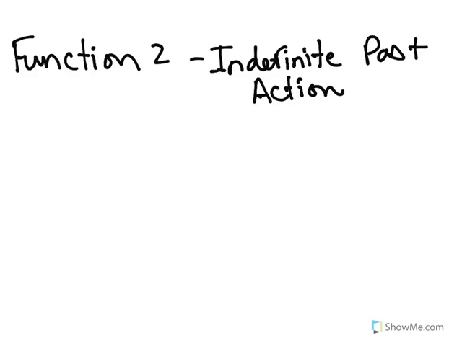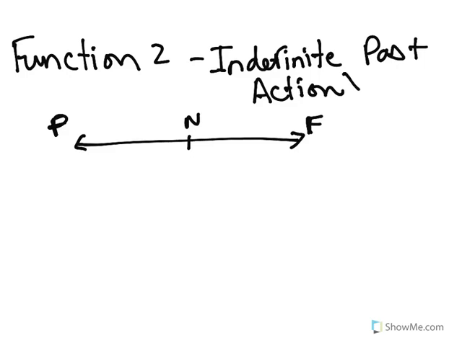The next way that we use present perfect is to talk about an indefinite action in the past. So what I mean by indefinite, I'm going to draw my timeline again here. Future, now, and the past, now, and the future. Indefinite means, you might recognize that word define, not defined. In other words, we don't know exactly when it happened.